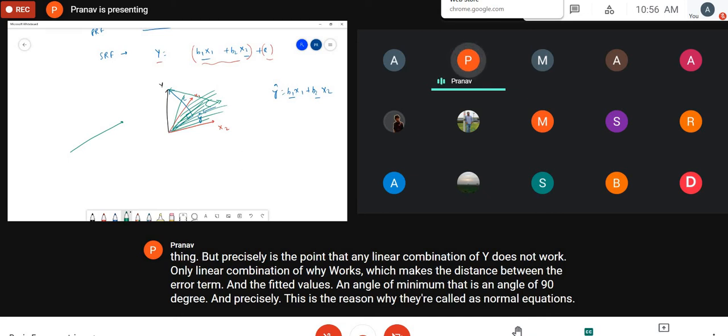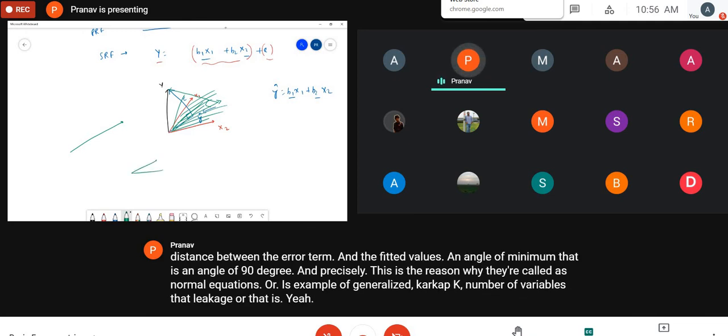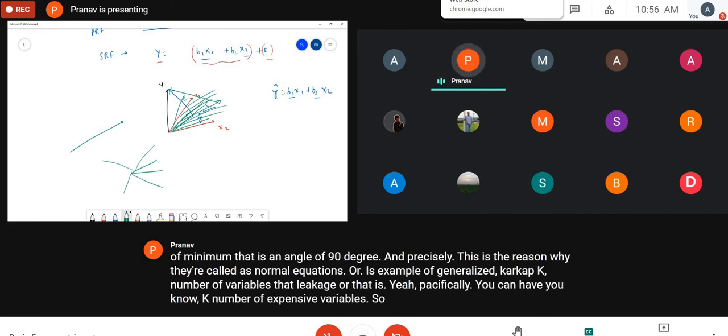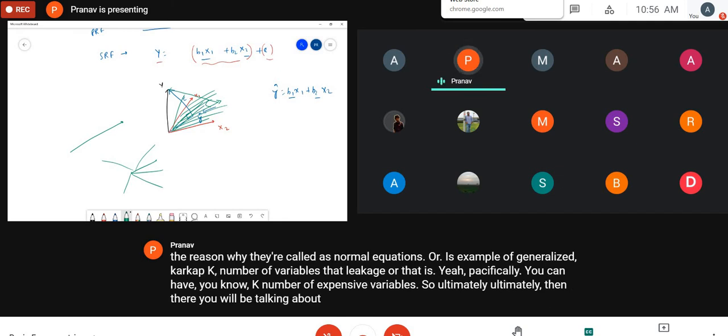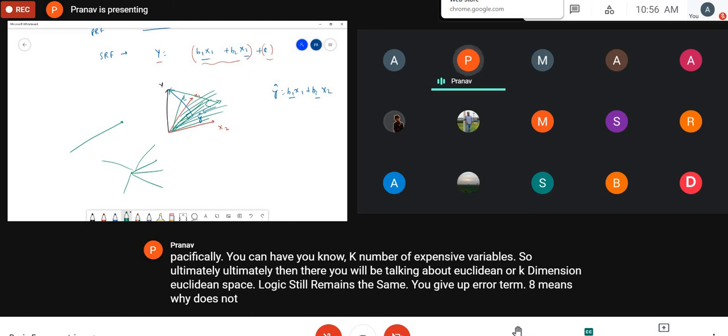And you can generalize this same example to k number of variables. Here we have taken only two vectors, but you can have k number of experimental variables. So ultimately you will be talking about a k-dimensional Euclidean space, and the logic still remains the same. Because there is an error term, it means y does not lie in the k-dimensional vector space spanned by these explanatory variables.